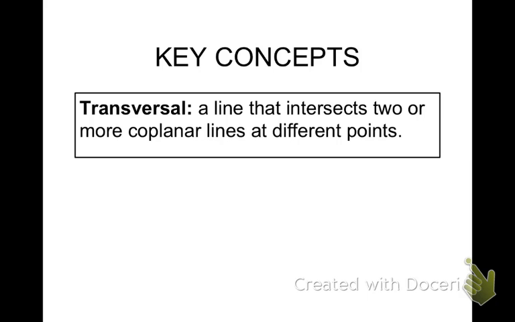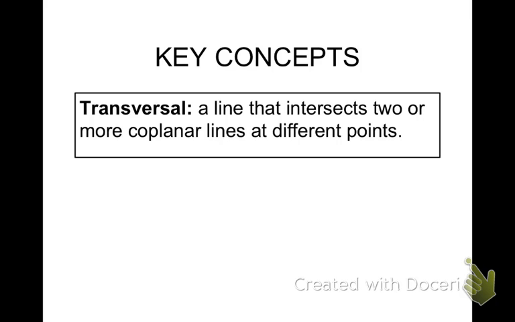So a transversal is a line that intersects 2 or more coplanar lines at different points.